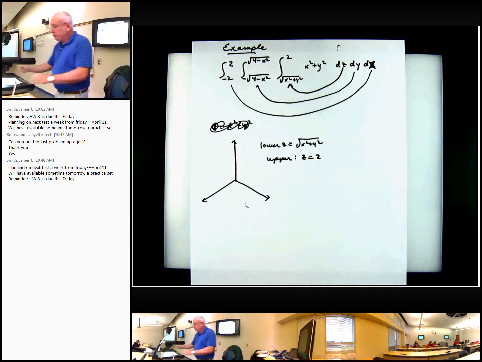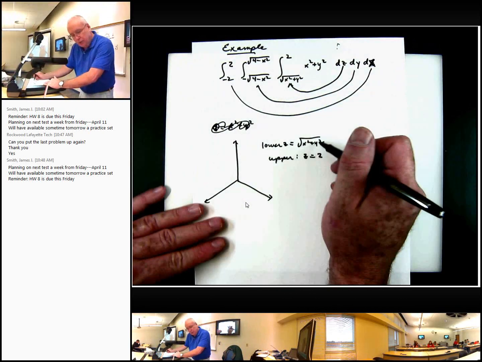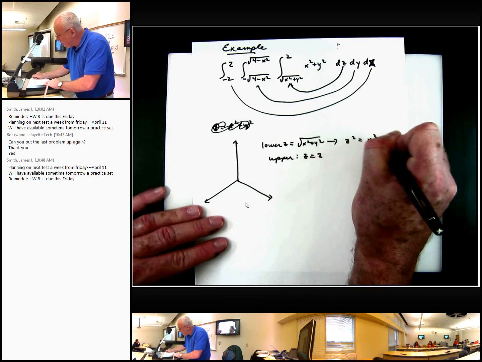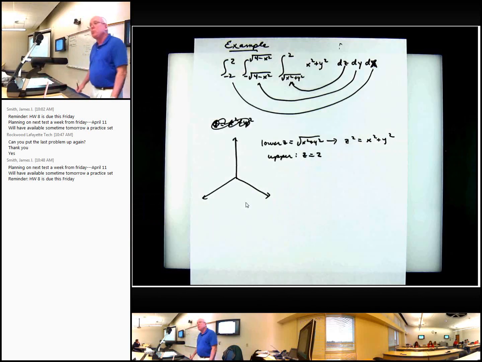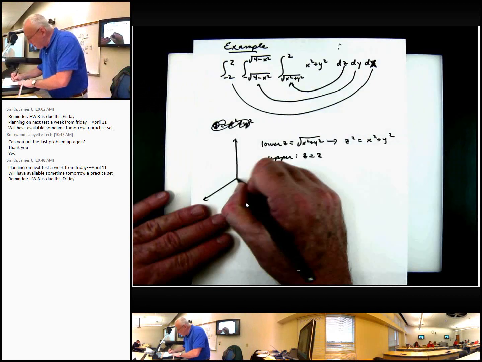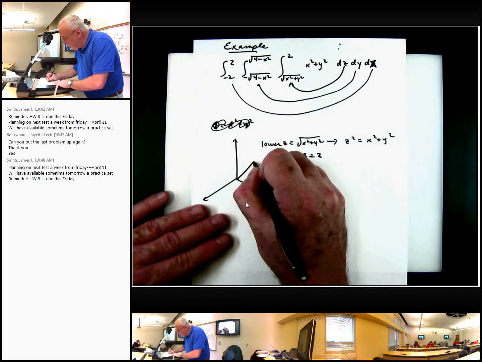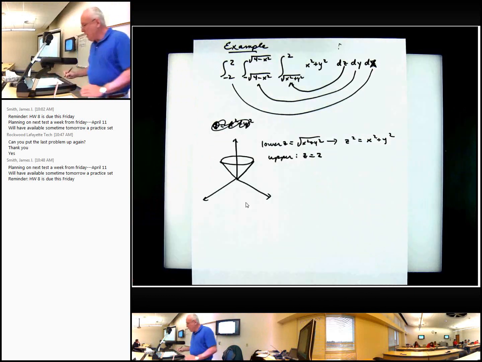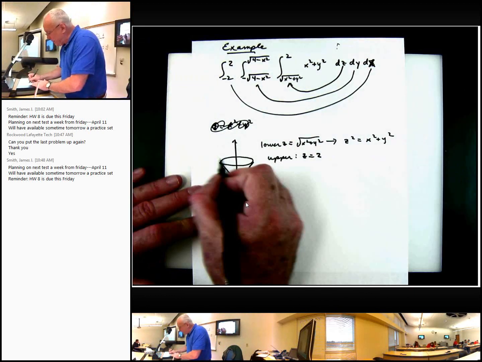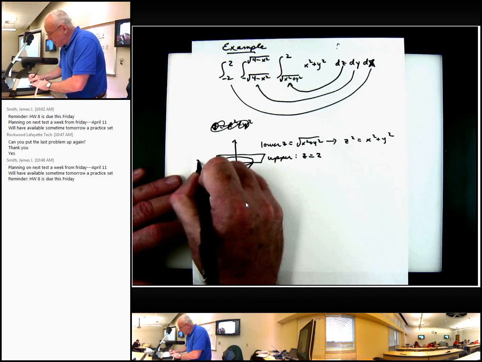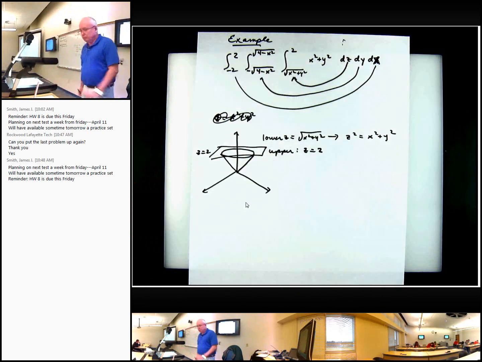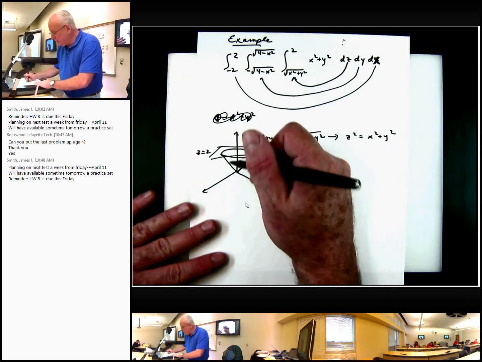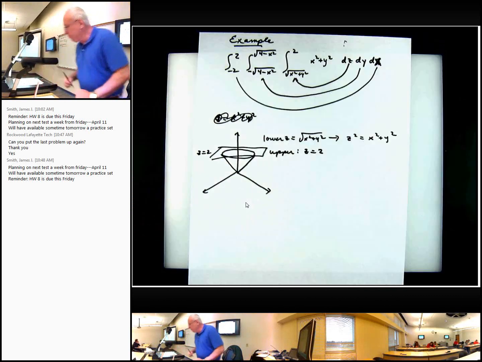Well, the square root of x squared plus y squared, if I square both sides, this is a cone. z squared is equal to x squared plus y squared. So the lower z is going to be a cone. My upper z, though, I stop this at z equaling 2. So this whole region here is what I am integrating over.